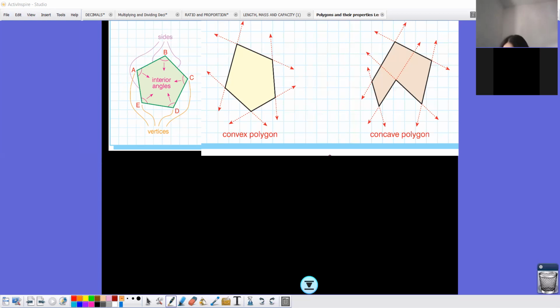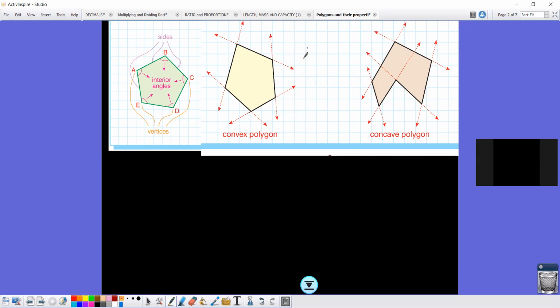So here, how we call it convex polygon, how we call it concave polygon. Here, look, all the sides and the vertices are like outside of the polygon. So this is the interior part of the polygon, and this is the exterior part of the polygon. So all the vertices are like outside of the polygon.